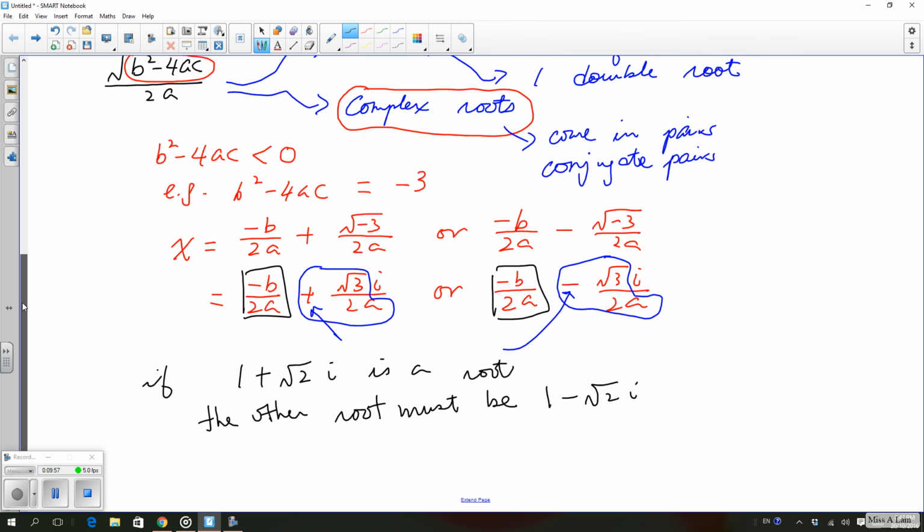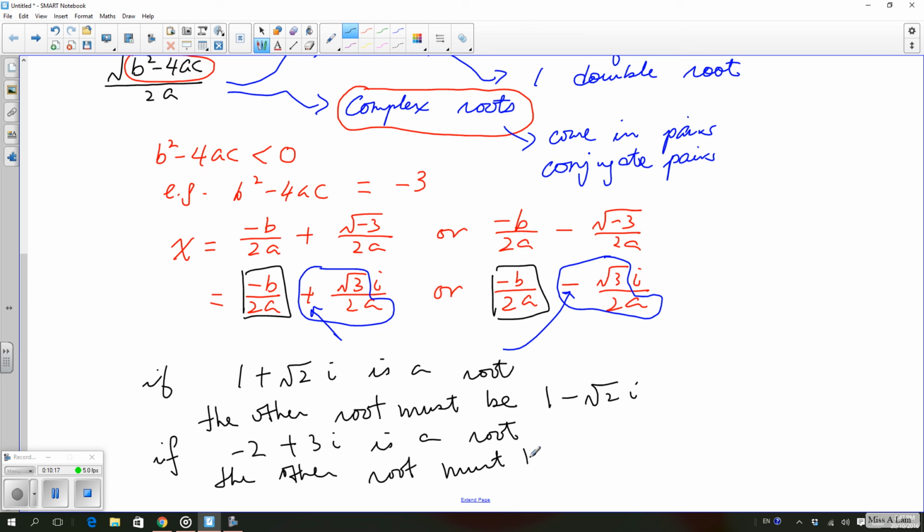If, say, minus 2 plus 3i is a root, the other root must be minus 2 minus 3i. These kinds of pairs are called conjugate pairs.